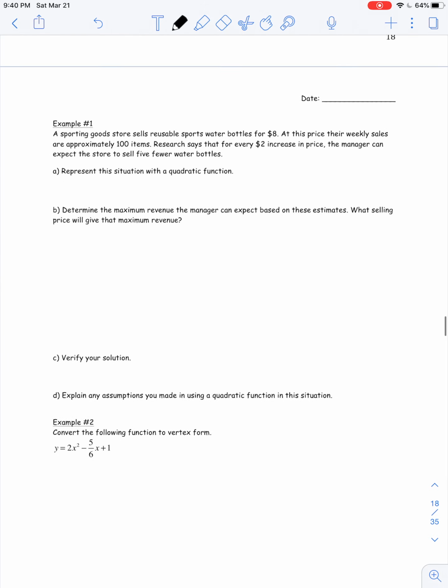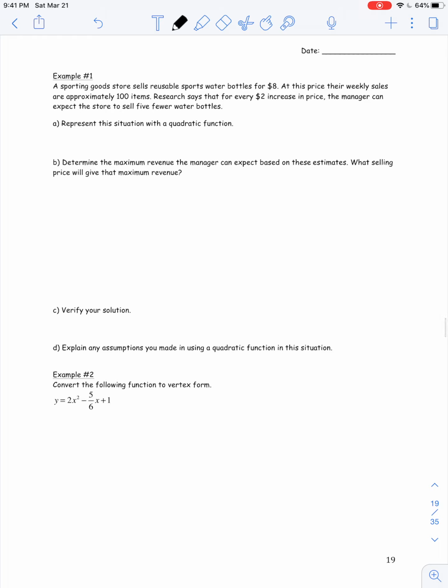So let's look at example number 1. So this is a word problem where they're not giving us, again, the equation. We're going to have to write this in vertex form eventually, but before I continue, I have to get the equation. Now, this one's a question that comes up very often. This is a revenue question.